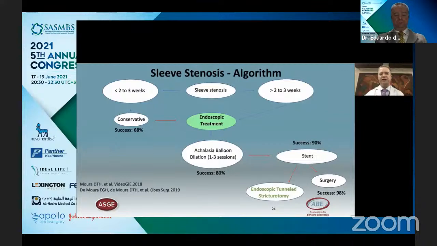It is important to differentiate true stenosis from sleeve rotation or torsion, which may mimic obstructive symptoms. This may also be managed through endoscopic dilation, myotomy, or surgical revision.